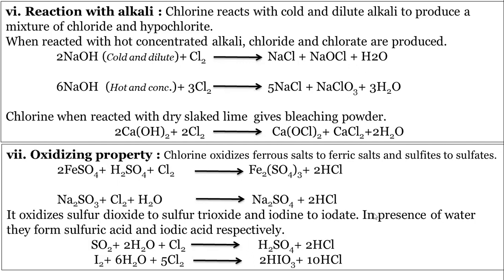Then it oxidizes sulfur dioxide to sulfur trioxide. See here, SO2, sulfur dioxide, is converted into sulfur trioxide, and iodine is converted into iodate. This is iodine, I2, and it is converted into iodate, HIO3.